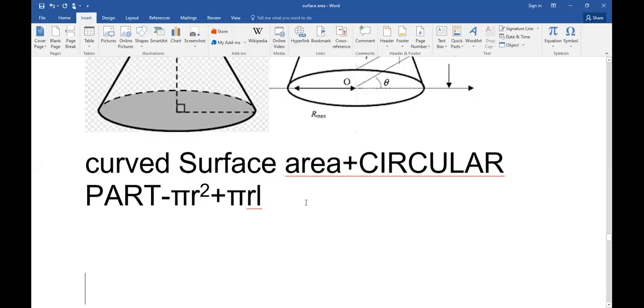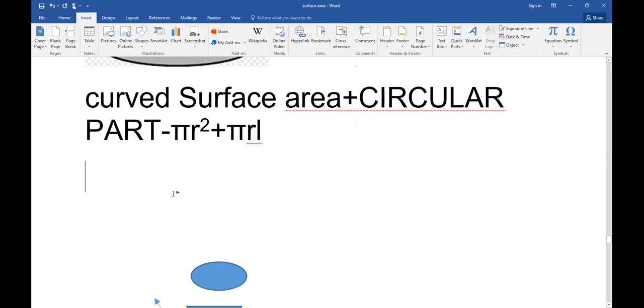So let's share a Word document. So let's come up with our cone here.